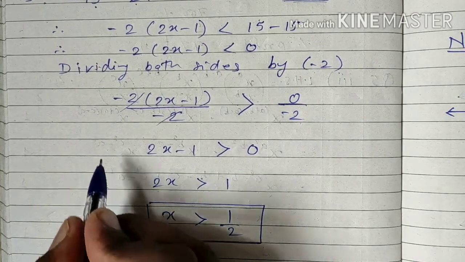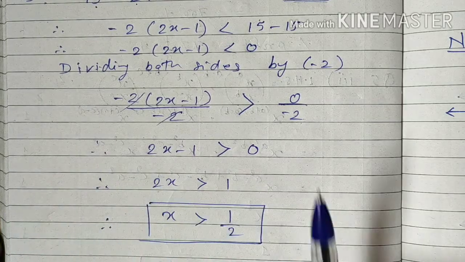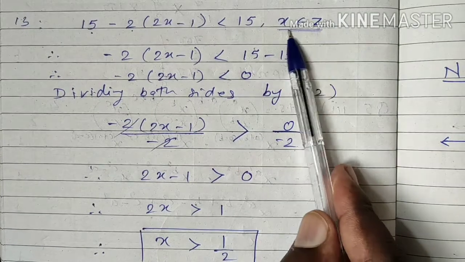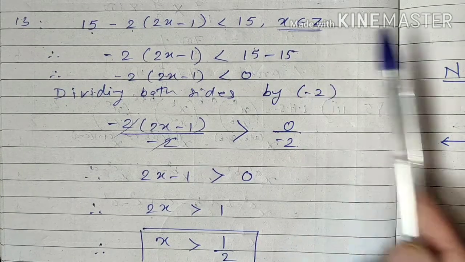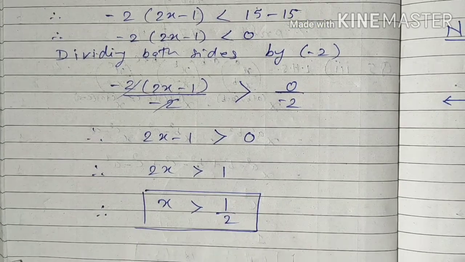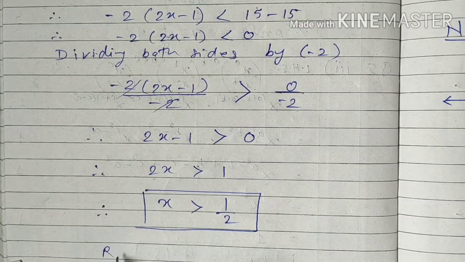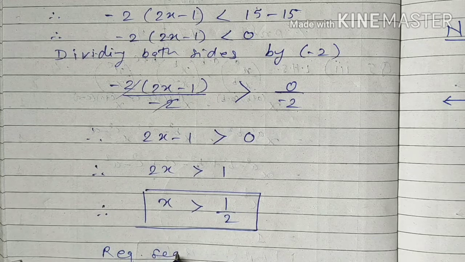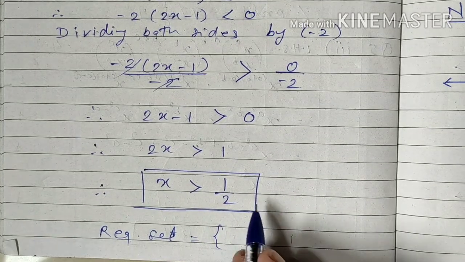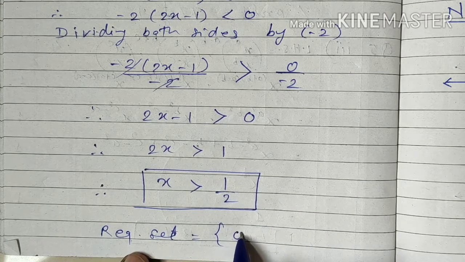Since the value of x is greater than 1 upon 2 and x belongs to the integer set, all the numbers greater than 1 upon 2 will be included from our integer set.